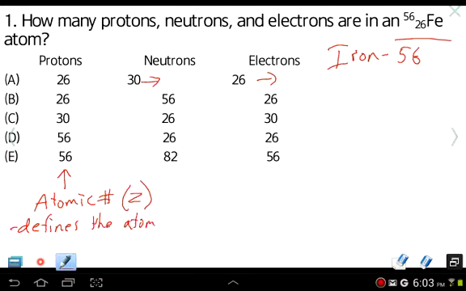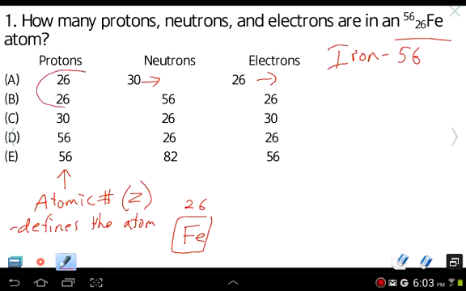In other words, only one atom can have 26 protons. If you take a look at the periodic table for iron, it says 26 up top, which means the atomic number of iron is 26, which means iron has 26 protons.